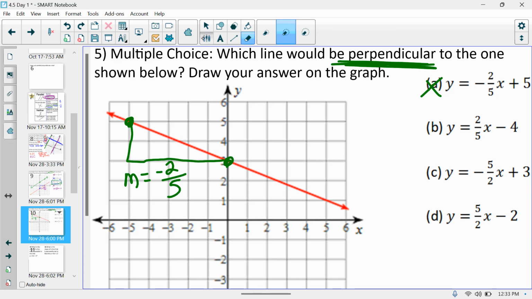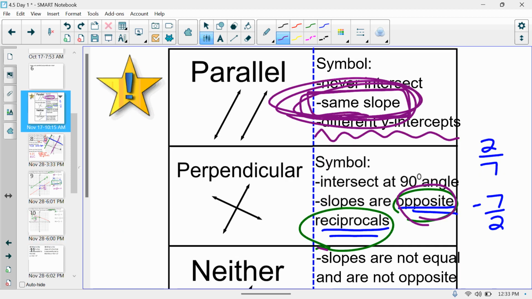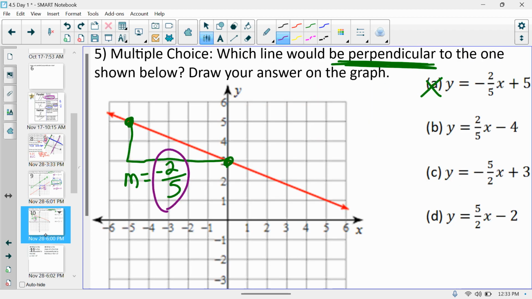So we need to look closely at this number, and we said we need the number that's the opposite reciprocal of that. So which choice do you think it's going to be? B, C, or D? What do we think? Which one has a slope that's the opposite reciprocal?